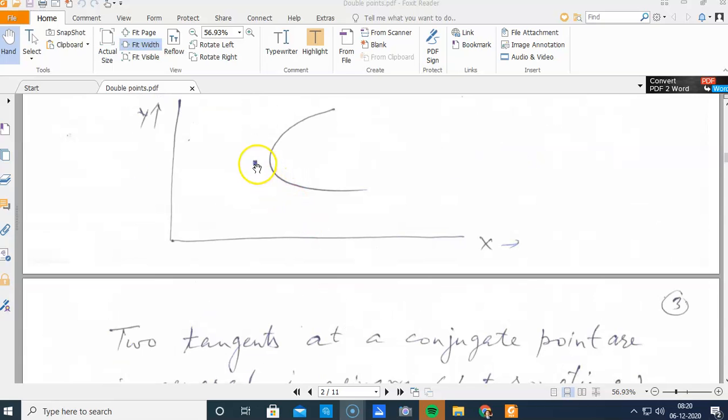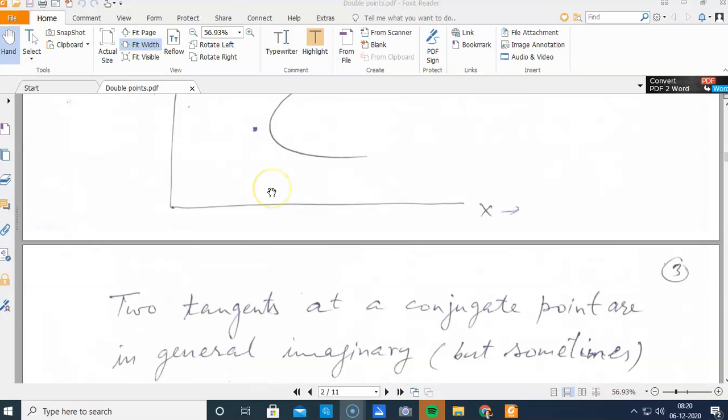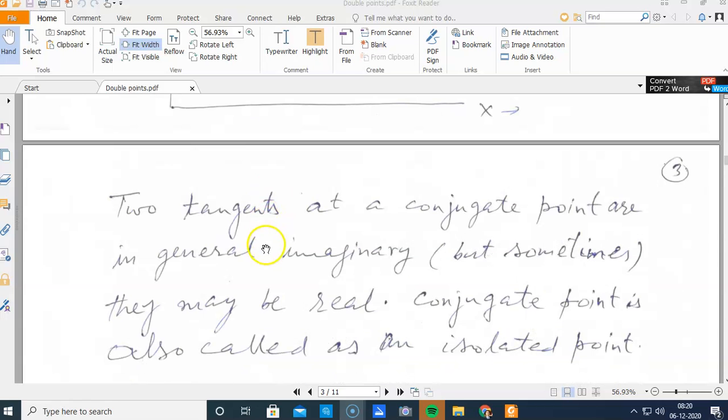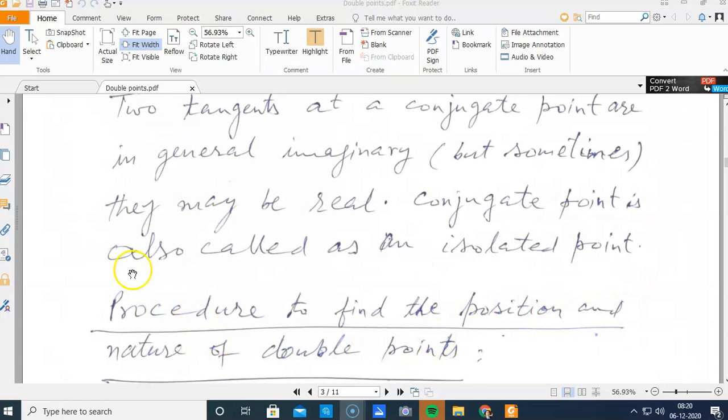We can imagine it just like this: this point may be a conjugate point. At this point the tangents may exist but be imaginary. The two tangents at a conjugate point are generally imaginary, but sometimes they may be real. A conjugate point is also known as an isolated point.